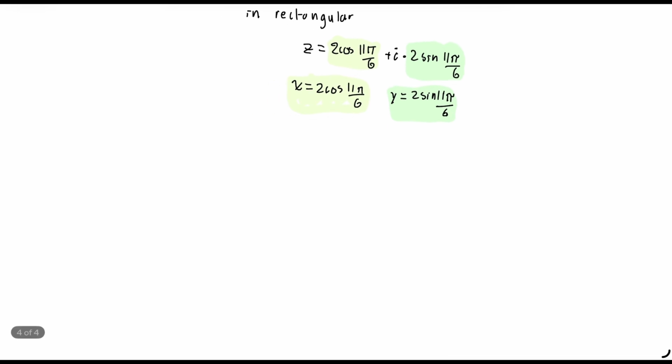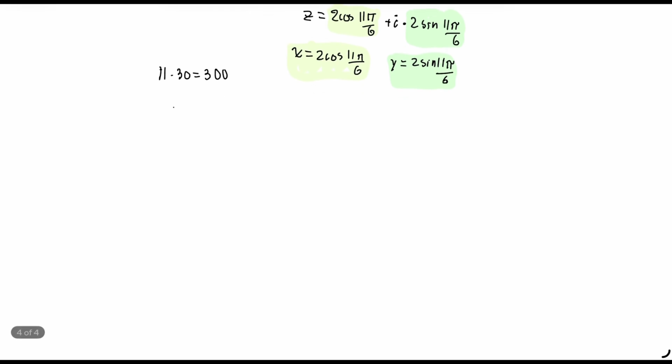11 pi over 6. Pi over 6 is 30 degrees, and 11 times 30 is going to be 300. Now 300 is going to be 60 away from here, so it's going to be like this. 300 is going to be there, and this is going to be a reference of 30 degrees.